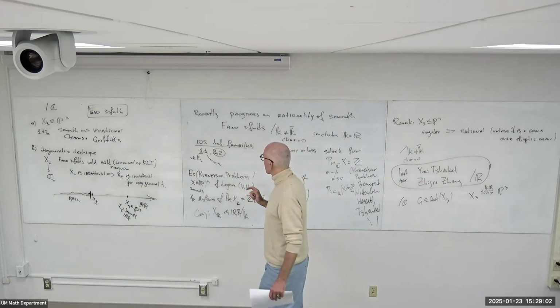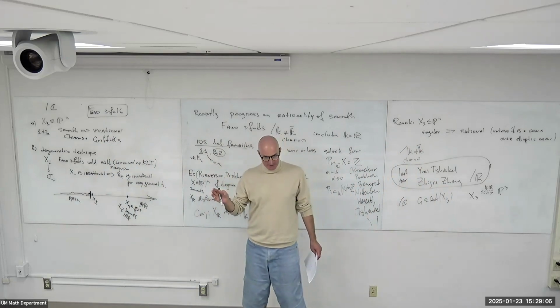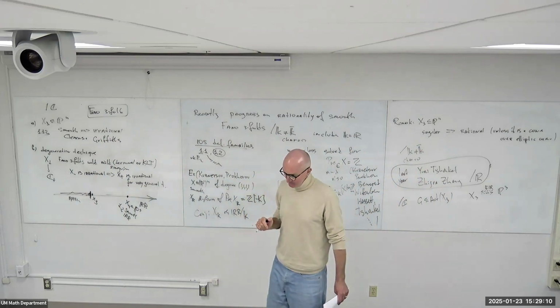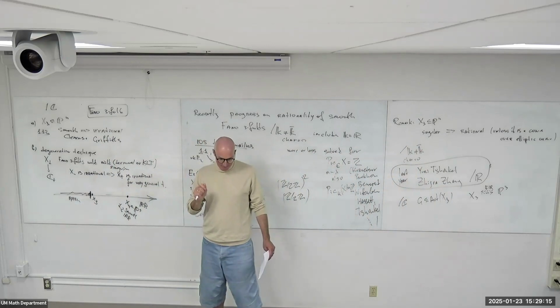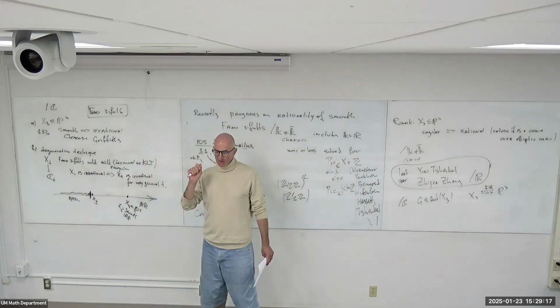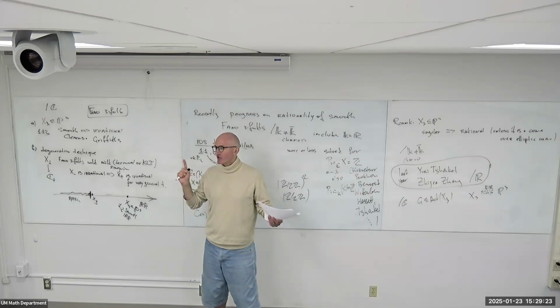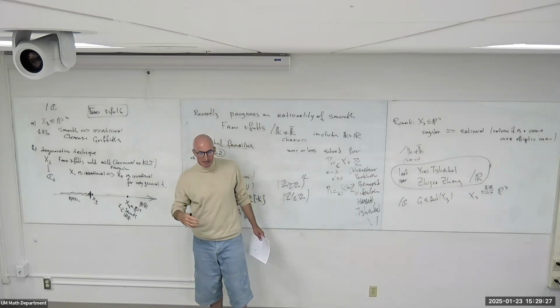Iskovskikh was working on the Picard group Z case, and Mori and Mukai were working on the higher Picard case. So Iskovskikh really needed to know a few things about Picard rank 1. First, he has to know that each such threefold contains a line. A line means a curve intersecting minus K by 1. So if minus K is very ample, it's a line.